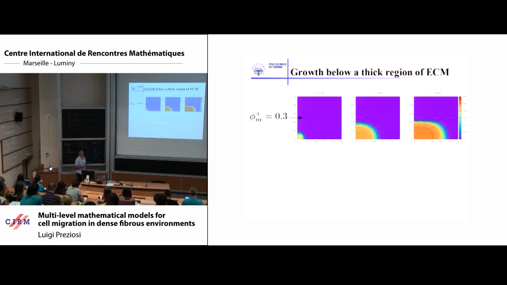By the way, in this case, you have two populations. One is the normal population, which you don't see here, that is filling all these regions. And this is the tumor population that has a clonal advantage, and they continue to proliferate. But you can see here that when they reach this membrane, they don't go through, and they prefer to move in this direction.